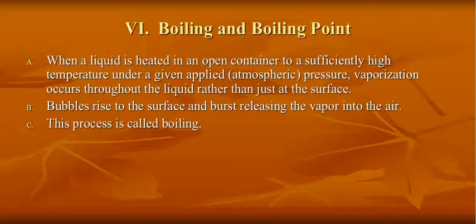Boiling and boiling point. When you have a liquid that's heated to a sufficiently high temperature under a given applied pressure, vaporization occurs throughout the liquid rather than just the surface. The difference between boiling and evaporation is boiling occurs throughout the liquid, evaporation occurs only on the surface. So when you boil a substance, bubbles are going to rise because it can occur throughout the liquid.